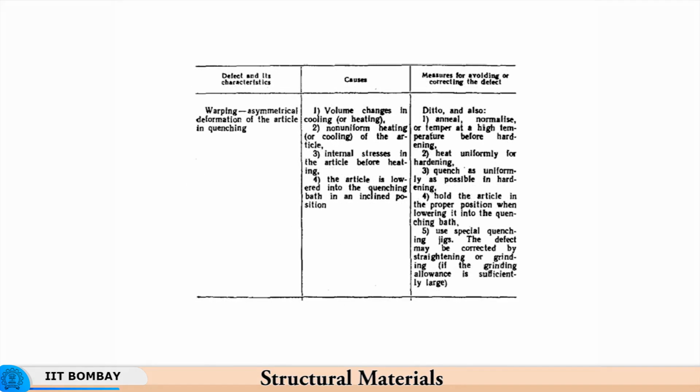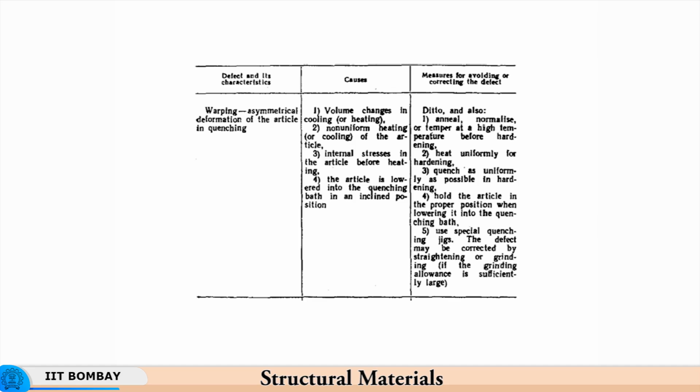Warping is another kind of deformation. Warping is something where a different amount of deformation takes place with respect to location, due to which, let us say you have twisting, at one point you have 2 degrees, at another point it is 3 degrees, at a third point it is 4 degrees.